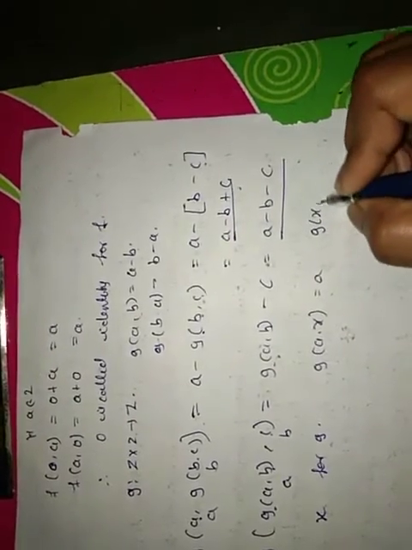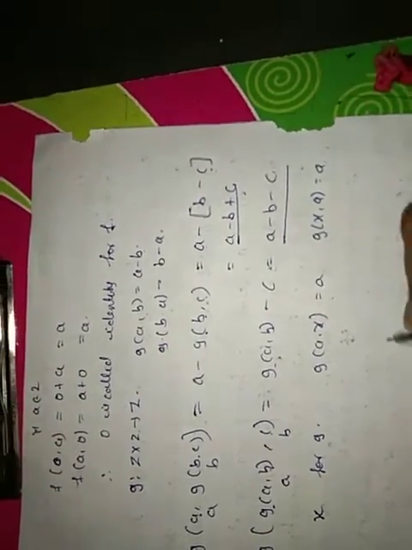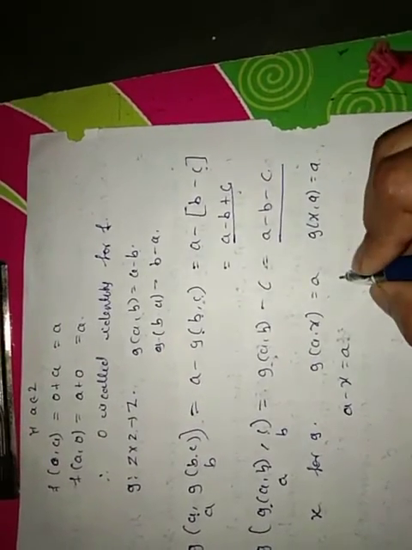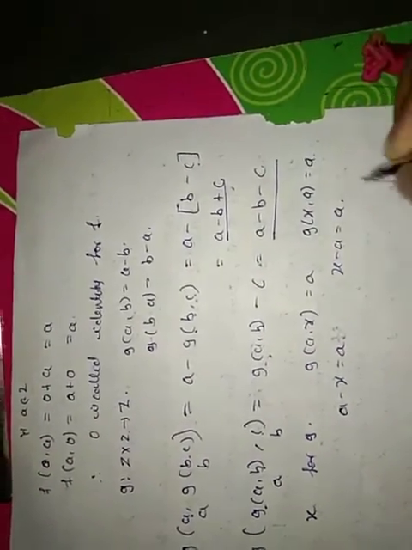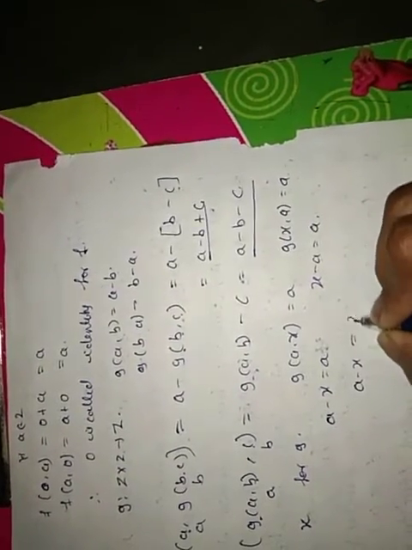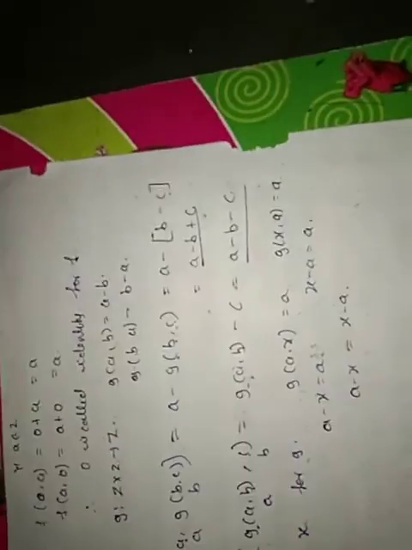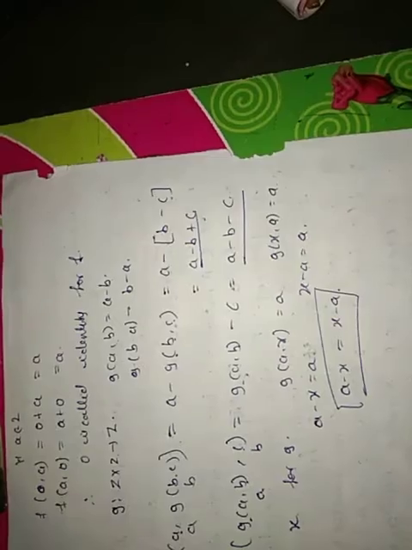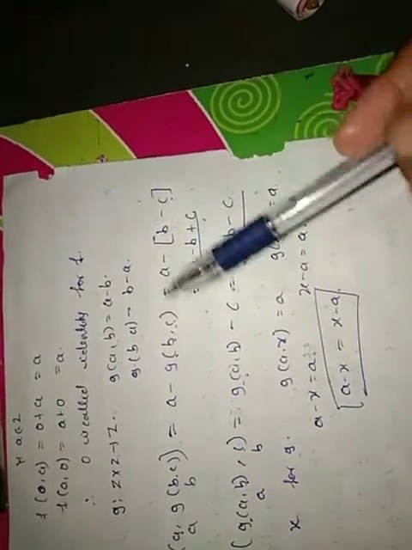and similarly g of x comma a equal to a, which means a minus x equal to a and x minus a equal to a. But then a minus x is equal to x minus a. This is not possible because a minus b is not equal to b minus a.